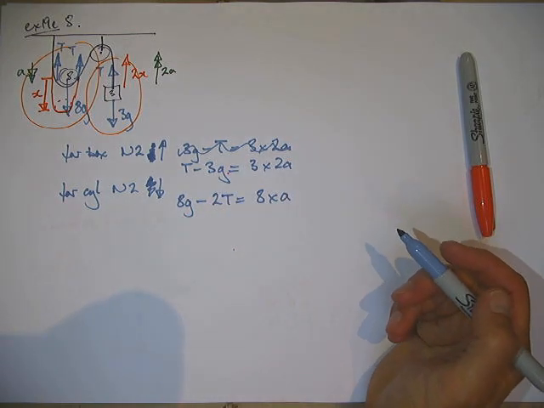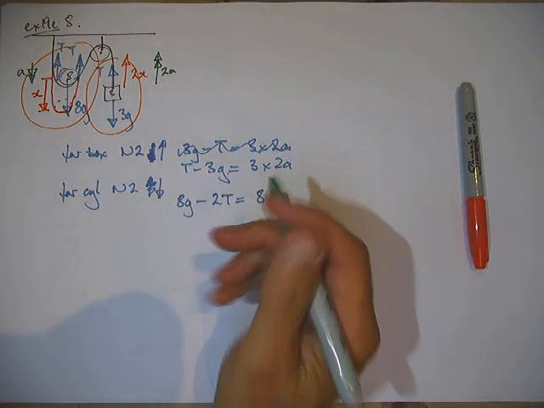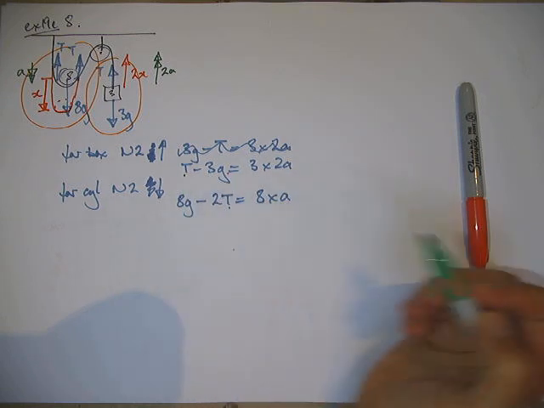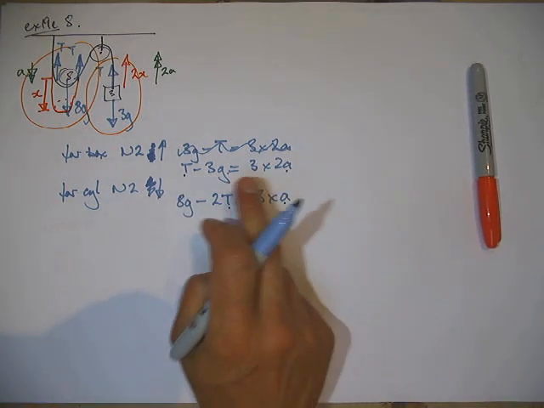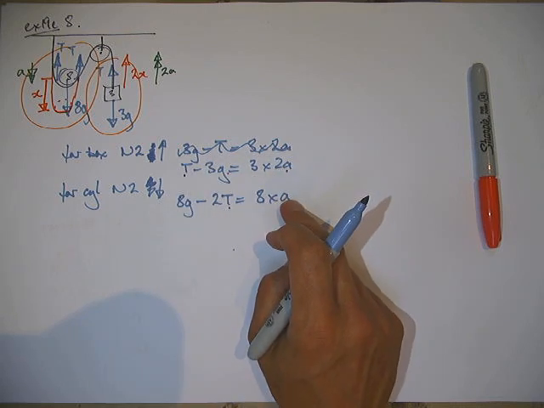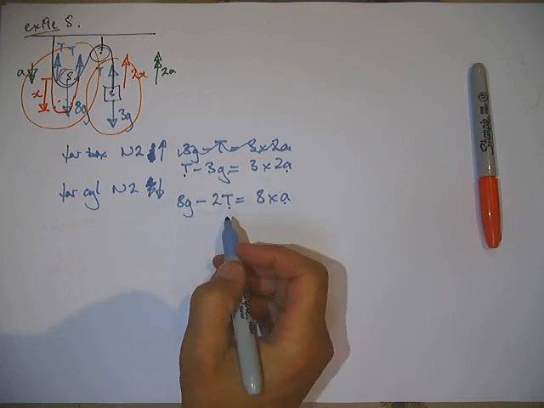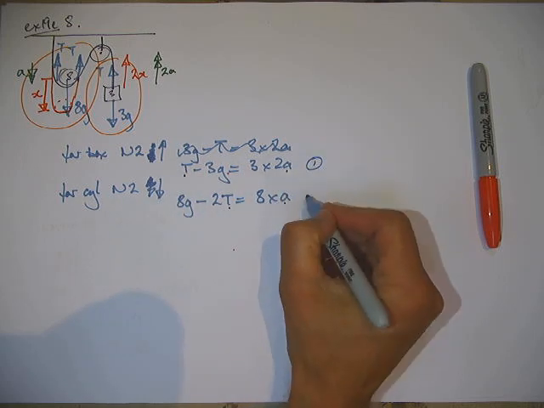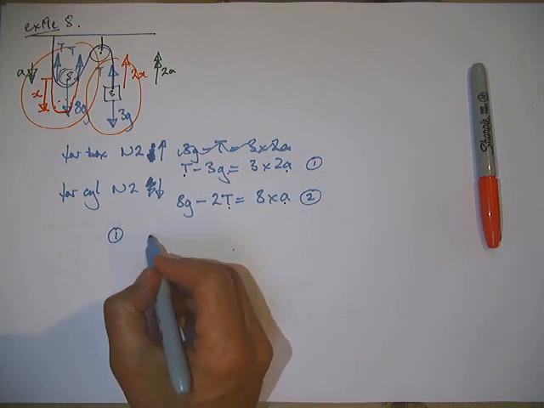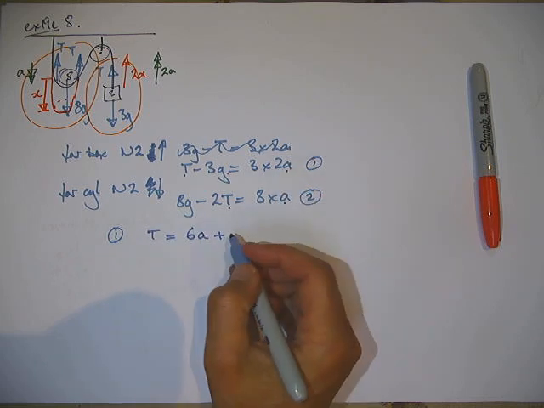Right, can we find the tension in the tape? I'm sure we can. At the moment we've got simultaneous equations with two unknowns. What's the simplest way of doing this? We could rearrange to find a and substitute, but even though I don't need to find the acceleration, I'm going to rearrange equation 1 to make T the subject, so 6a plus 3g.